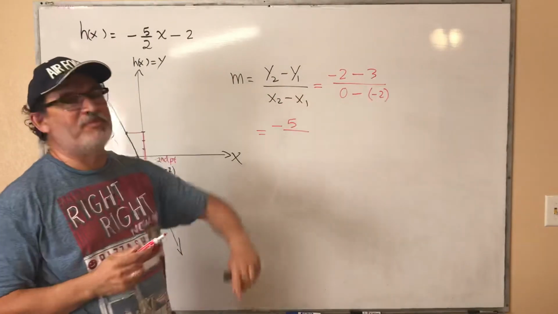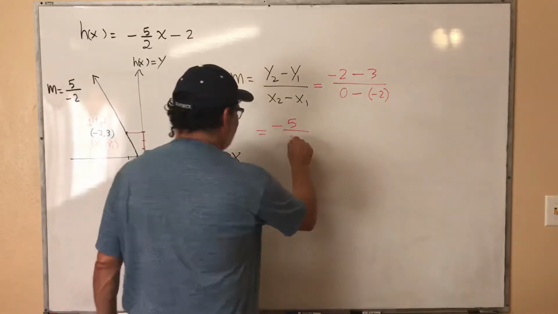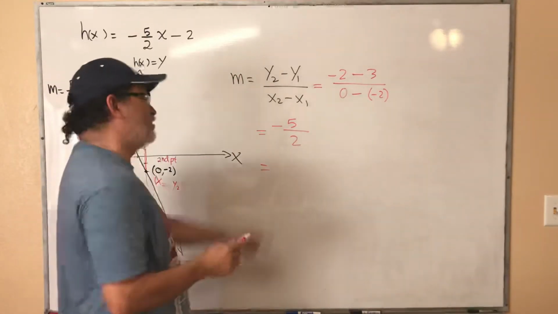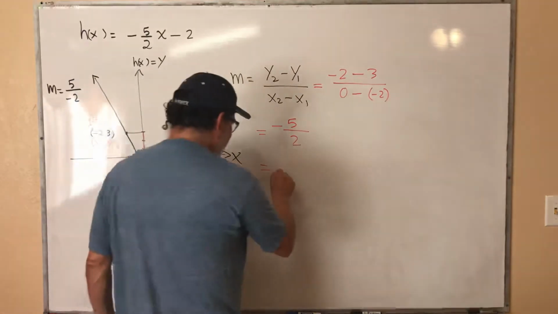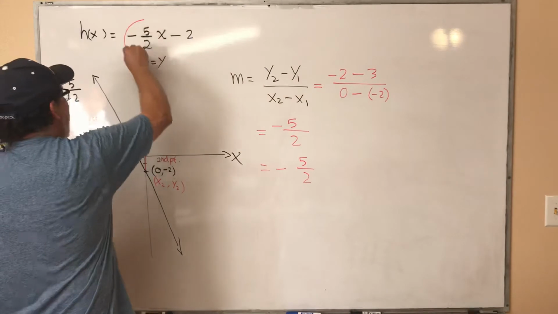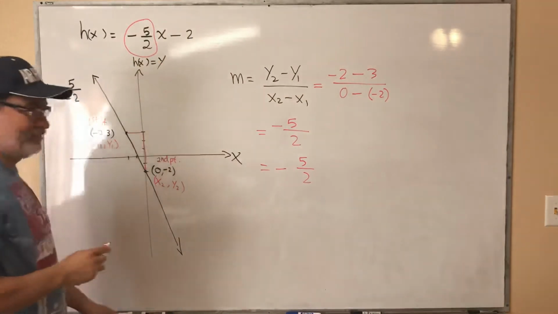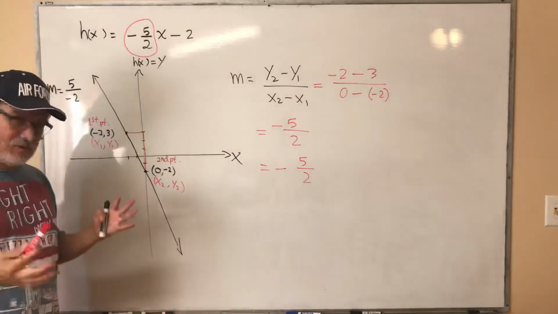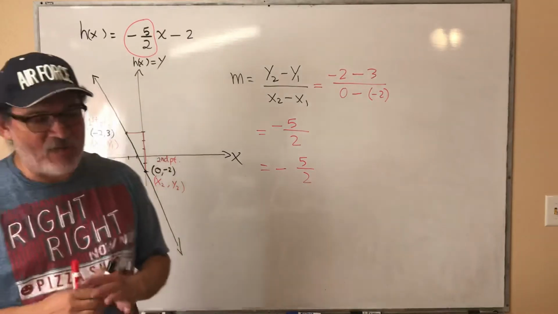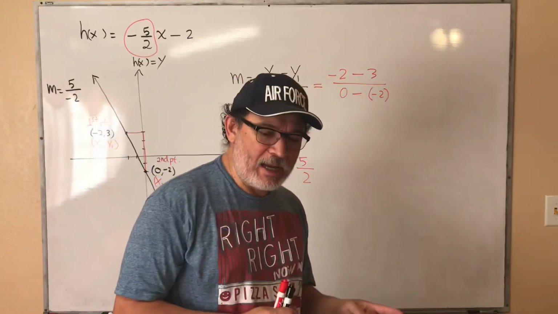The bottom is +2. And what's a negative divided by positive? -5 over 2. Same thing as this one. Okay. So that's how we find the slope.